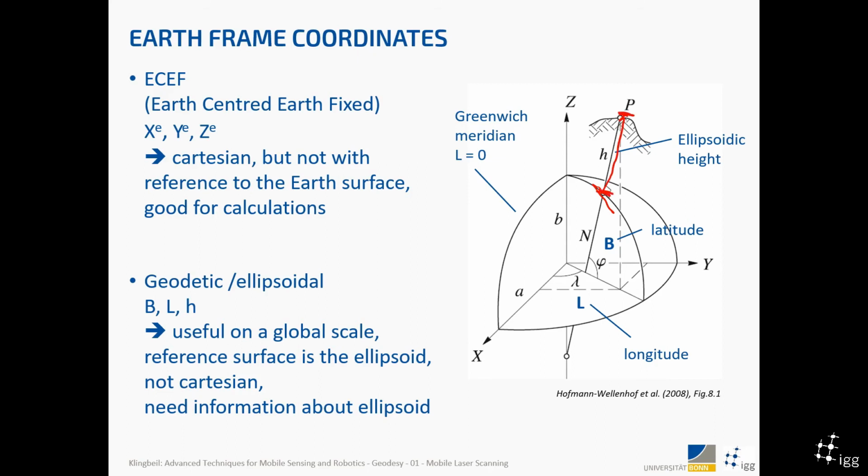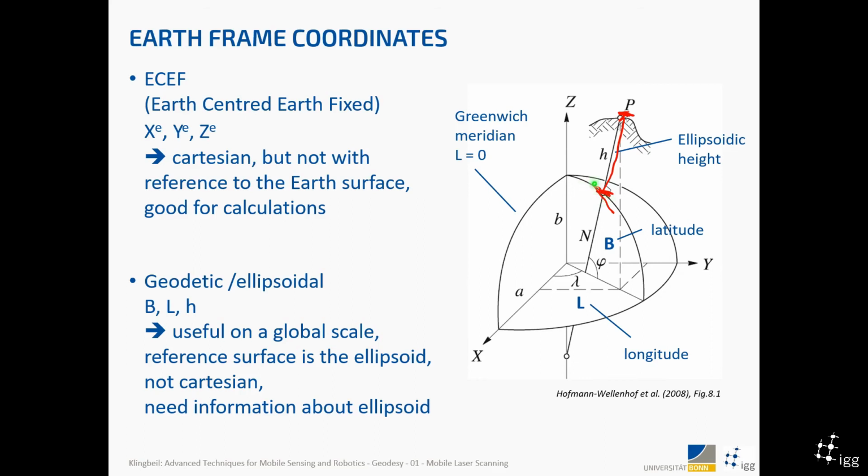So, okay. The good thing is that you now have a system which is referenced to the actual Earth's surface, or the Earth's ellipsoid at least. So this B and L show you where you are, and then the height basically gives you something above the ellipsoid, and it's a bit more helpful because it has this reference surface of the Earth's ellipsoid, but it's still not Cartesian, right?